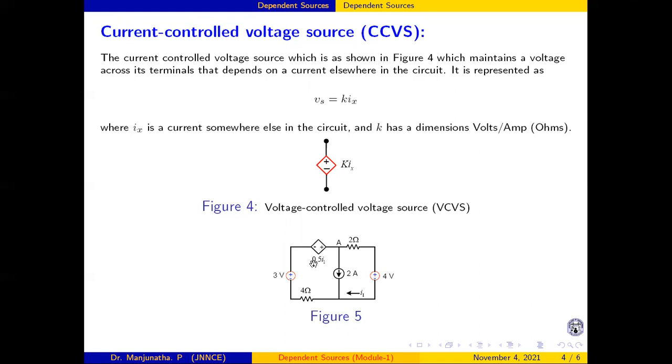It is 0.5, and its unit is volts per ampere, or ohms. In this way, current controlled voltage sources appear in a circuit. Understanding these types of sources will help to solve some examples in a network.